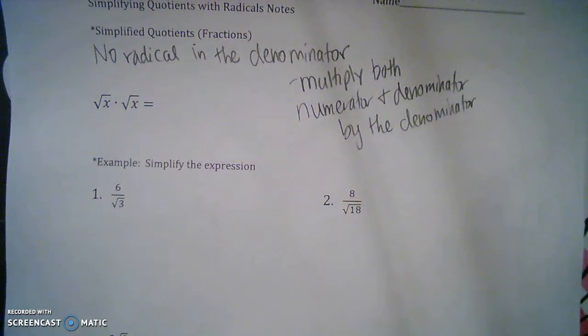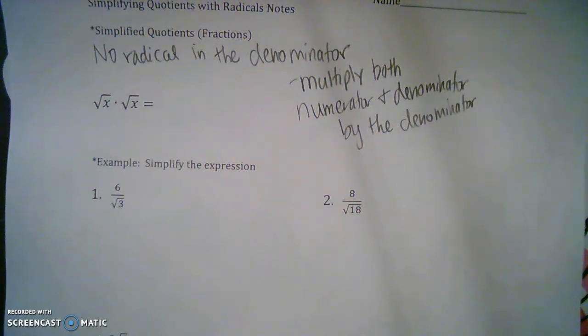So you'll see in all of the examples we have a square root sign, a radical, in the denominator. So we need to multiply both the numerator and denominator by whatever the denominator is in order to make that go away.